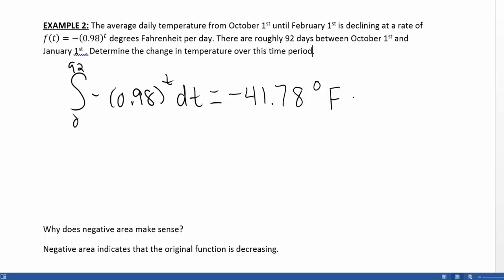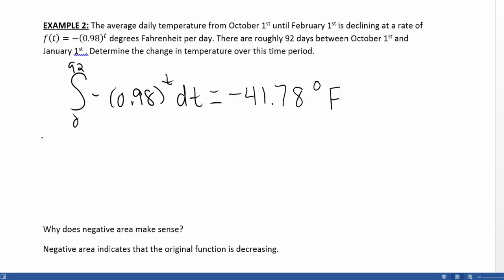So why does negative area make sense? It makes sense because in this circumstance, we need a way to talk about if our original function is declining, right? If it's decreasing. How do we talk about that? Well, since we're talking about the change in the original function, then a positive change would mean it was increasing, and a negative change would mean that it's decreasing.